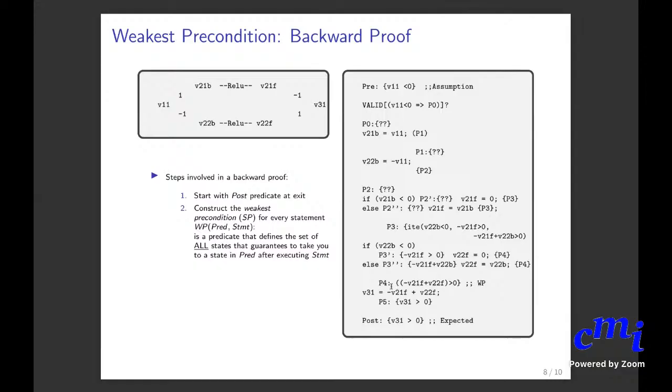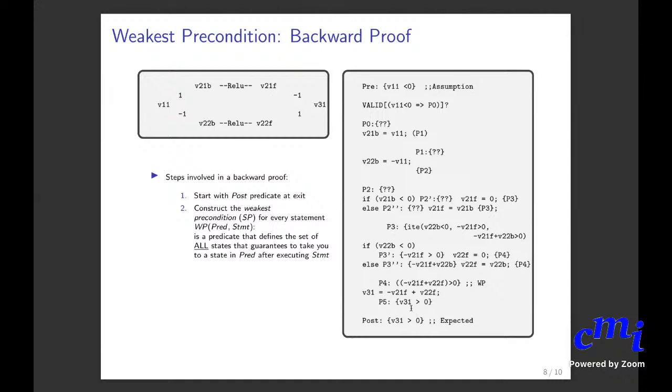Okay. Now, it's kind of obvious, isn't it? Here in this case, since what is being assigned to V31 is the value of this expression on the right-hand side of the assignment statement, where the expression is evaluated as per the values that exist prior to that, and that is exactly the value of this expression.